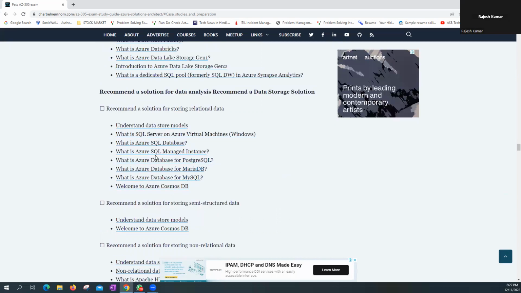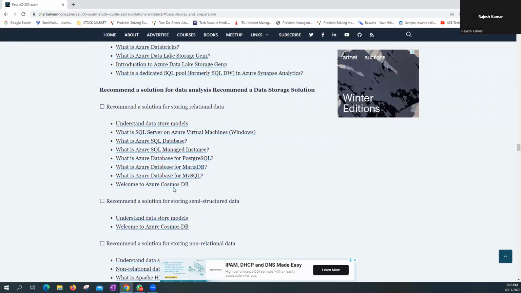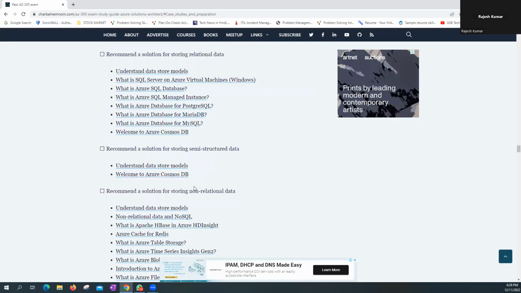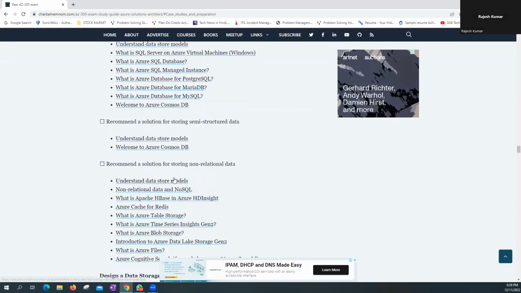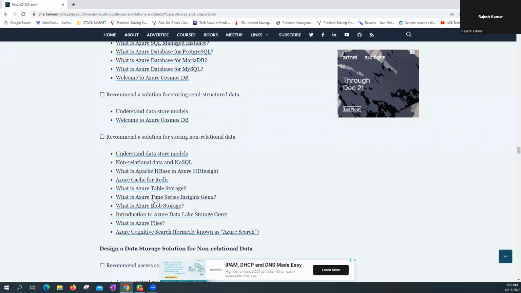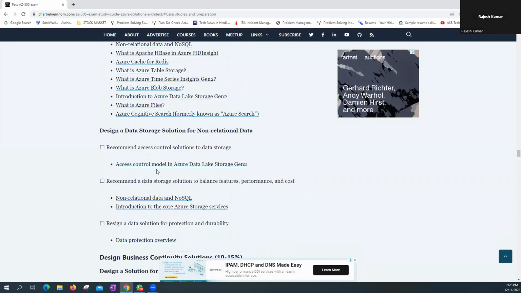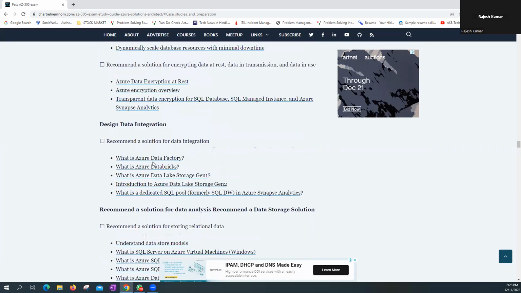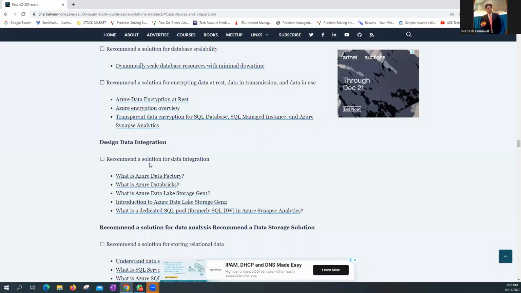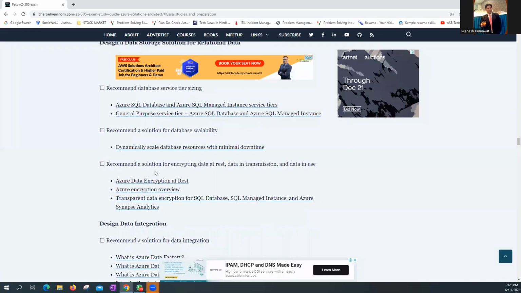You can see SQL managed instances, SQL databases, and Windows machines, how to create them, and Azure Cosmos DB databases. We also have Azure storage, table storage, time series, Redis, and different types of storage. This is what we will design and implement.